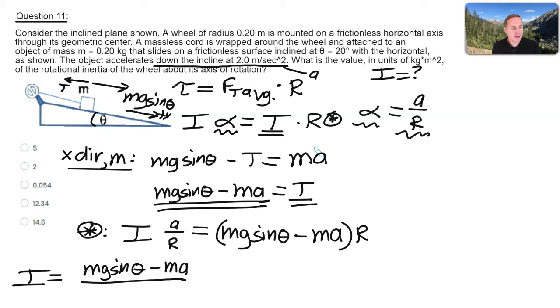over a, because we divided by a, but we're going to multiply also by r, so this is going to be r squared.